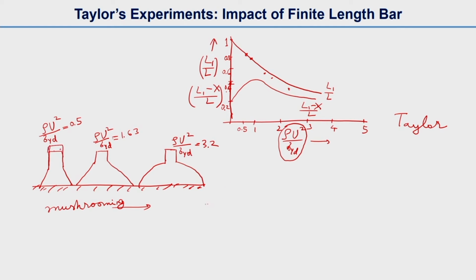If we go this way, this is increasing impact velocity. If it is a very high impact velocity, the shape of the deformed projectile or bar can be very different, and it can even take a concave shape.